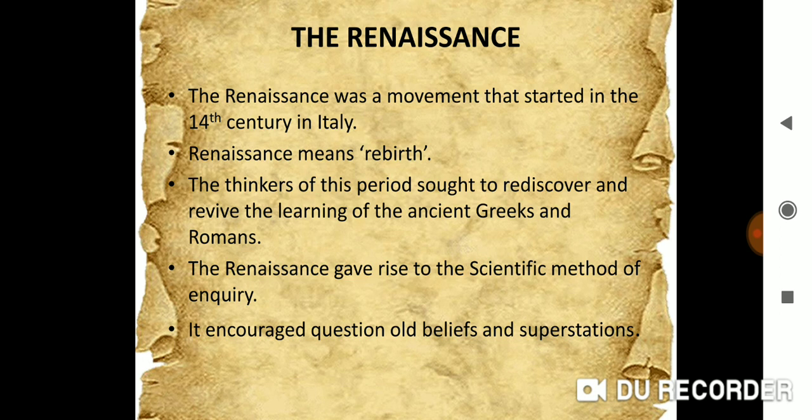But after the Renaissance, people got the right to question the church, and the right to think logically and scientifically. It encouraged questions about old beliefs and superstitions. Superstition means kusanskar. This Renaissance encouraged questioning of old beliefs that were basically illogical.